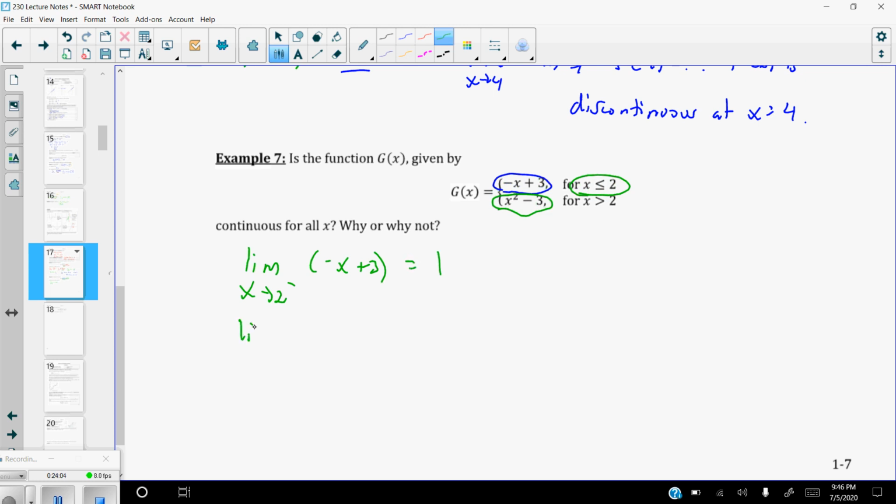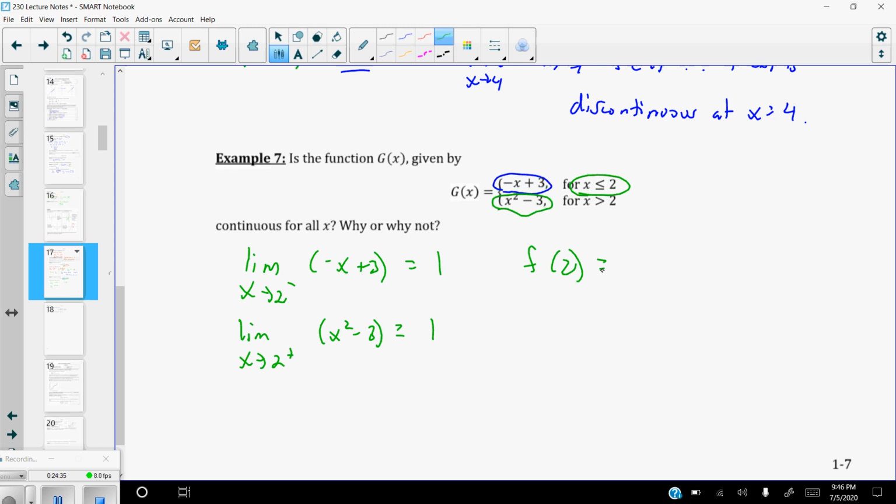Let's check the right-sided limit. As x approaches 2 from the right, that's the bottom piece. If I plug in 2 there, I get 2 squared, which is 4, minus 3 is 1. So the left and the right limit as x approaches 2 equal the same value. The last thing we have to check, because now we know the limit exists, is whether the function at 2 equals the same thing.